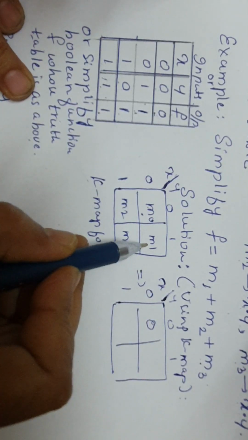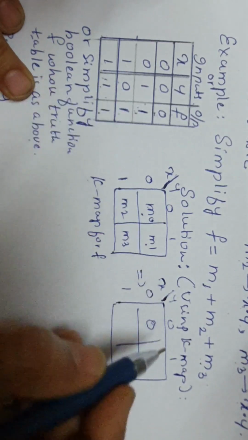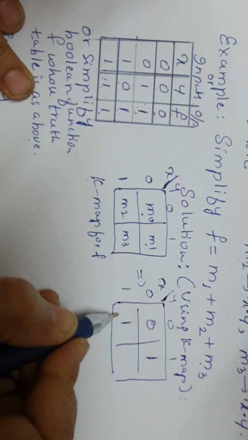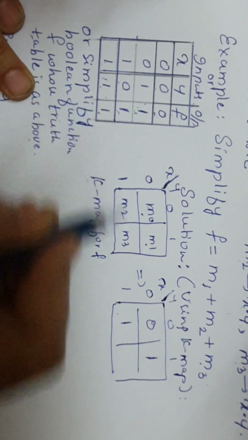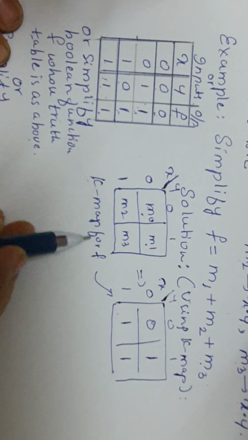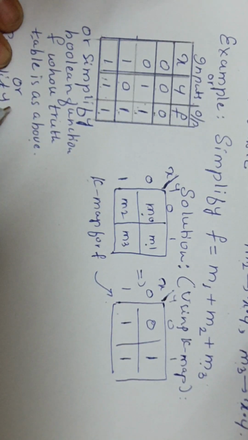This is the place for m1, f value is 1. Then this is the m2 place, f value is 1. This is m3. So when we fill the k-map for f, we'll get it this way.